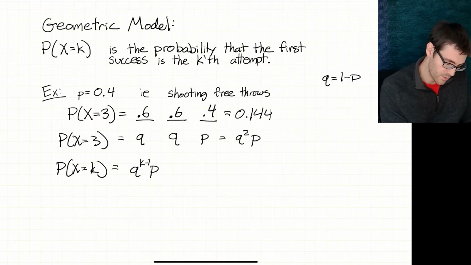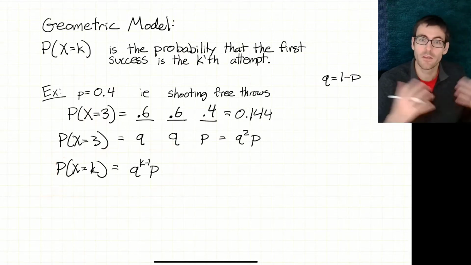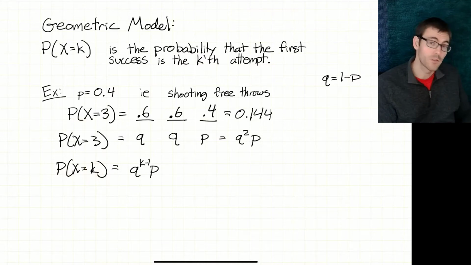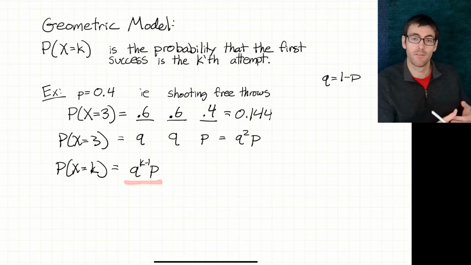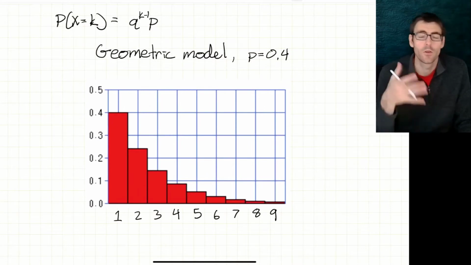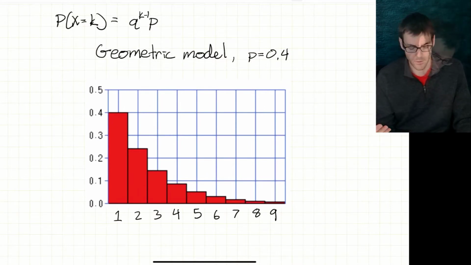So this equation can be used to generate a probability distribution. If we cycle through all the different k's, so k equals 1, 2, 3, and 4, we can see the various probabilities of getting these particular values. We can use a histogram to represent this probability distribution.